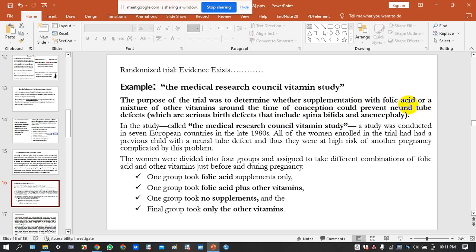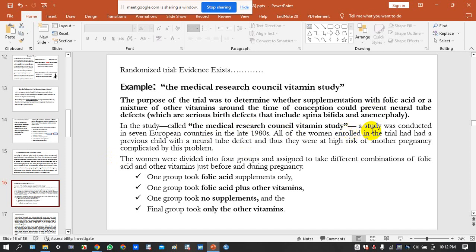These are central nervous system or spinal cord defects, which are serious birth defects that include spina bifida and anencephaly. Anencephaly means immature brain. This study was conducted in 1980. The Medical Research Council vitamin study, that is the name.